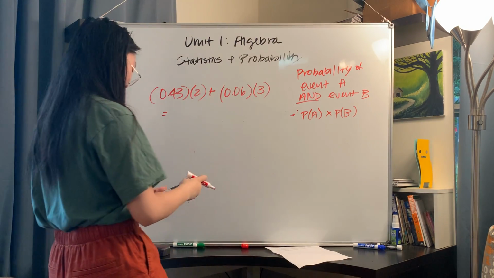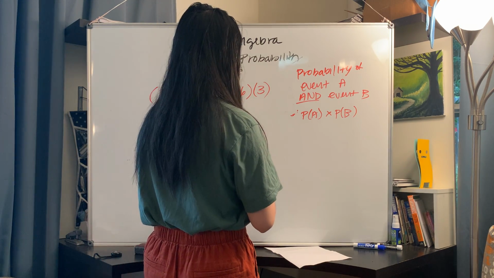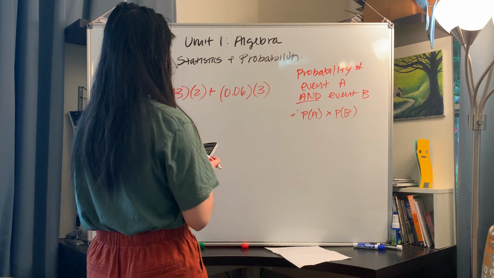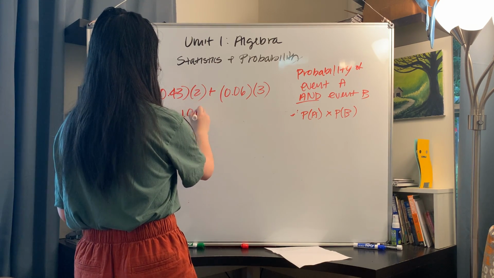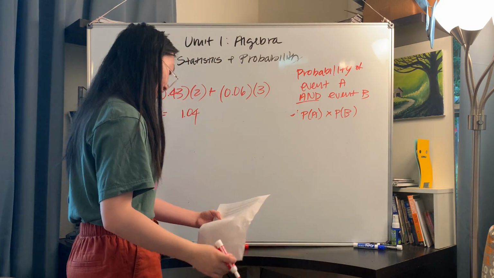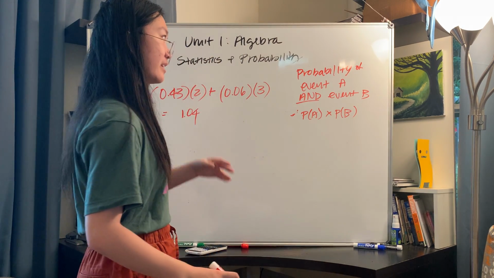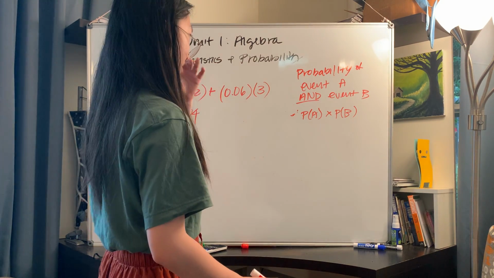And alright, 0.43 times 2 plus 0.06 times 3, and that's equal to 1.04. And so this is what I mean by expected value not equaling the value that you will necessarily get.